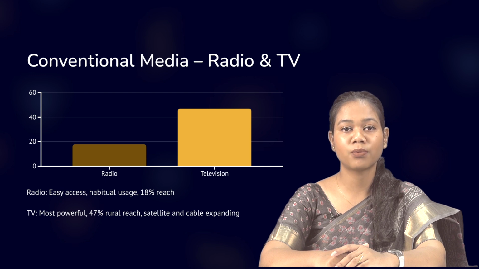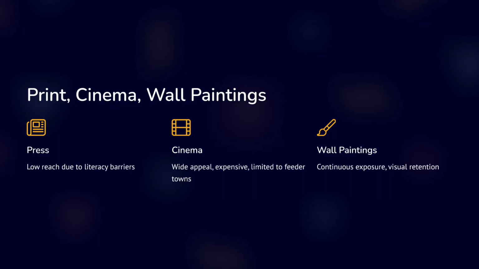It is also important to note that community viewing of television, for instance, watching at a neighbor's house, further increases these viewership percentages. Continuing with conventional mass media, we have press or print media.